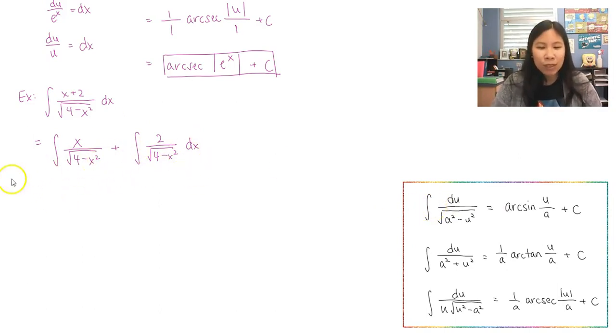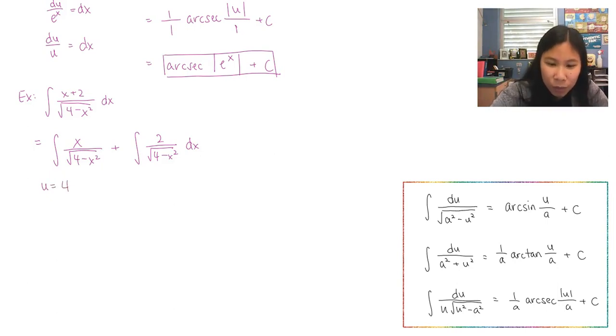All right, so let's take this one integral at a time. We'll start with the first one. We said u sub will work for this one because I'm going to do u equals 4 minus x squared. So that du is negative 2x dx. And then dx will be du over negative 2x.